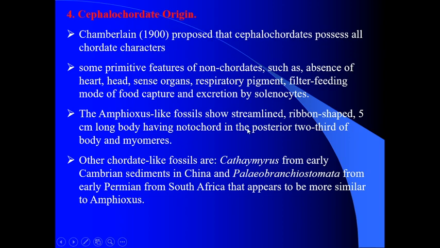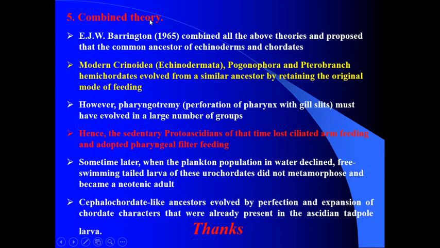These are the four theories, and the fifth one is the combined theory. That means this theory gives the information that the chordates originated from all combined, that means from the Urochordata, Echinodermata, Hemichordata, Cephalochordata, etc. Therefore, this theory is called the combined theory, and it was proposed by scientist E.J.W. Barrington, who proposed that these chordates originated from the echinoderms and other groups.